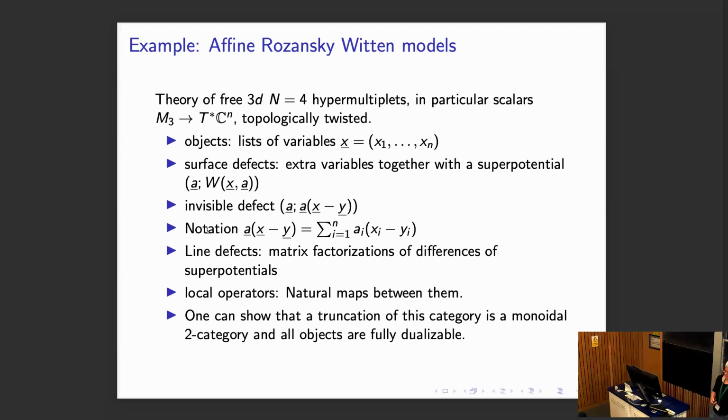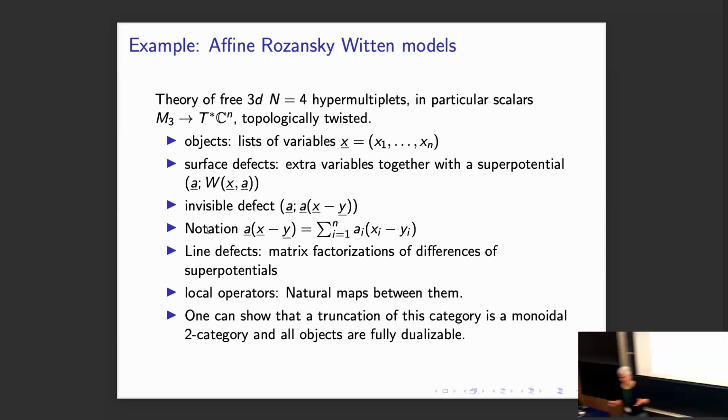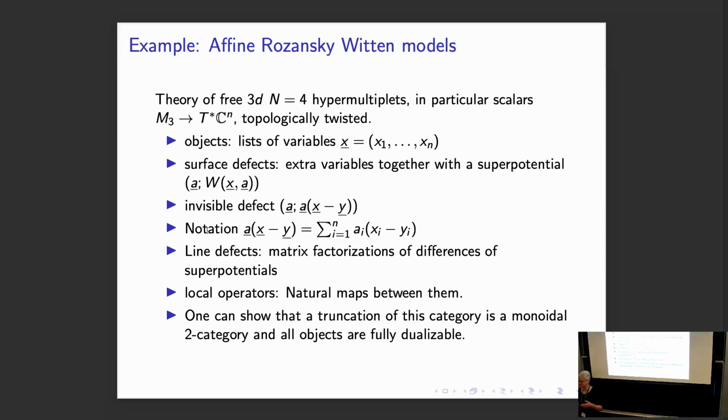One thing we have been thinking about is to gauge this whole thing, so to add some transformation properties to the bulk fields as well. But here I'm okay with having the bulk. Yes, so that would be part of it, so that the bulk fields transform trivially, but then you add something to the surfaces.